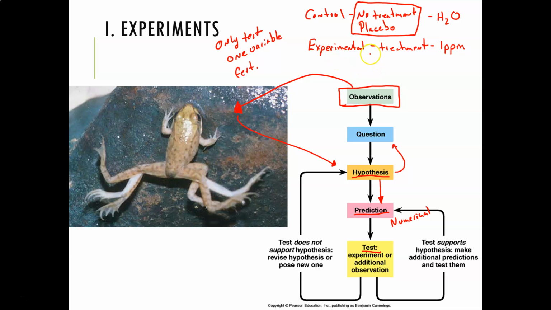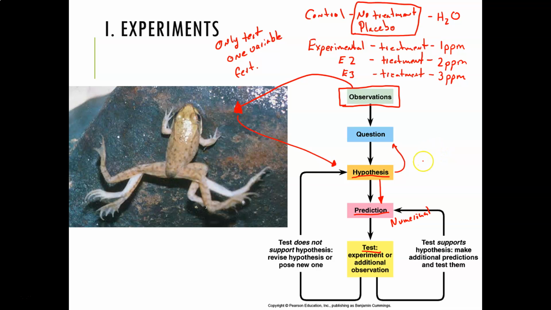I can have experimental group 1 right here, and I'm going to put a little E here for experimental group 2. They're going to get the same treatment, and let's say I increase the dosage to 2 parts per million. And then, of course, I can have experimental group number 3 that's going to get the exact same fertilizer, and let's say I'm going to give this group 3 parts per million.